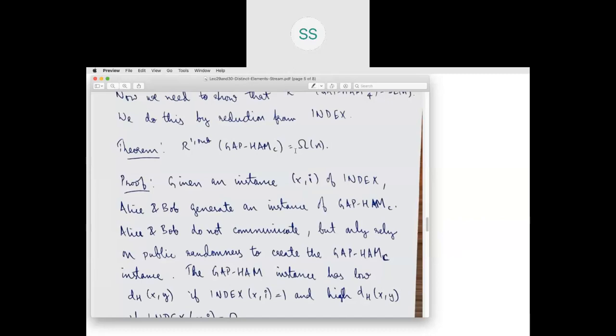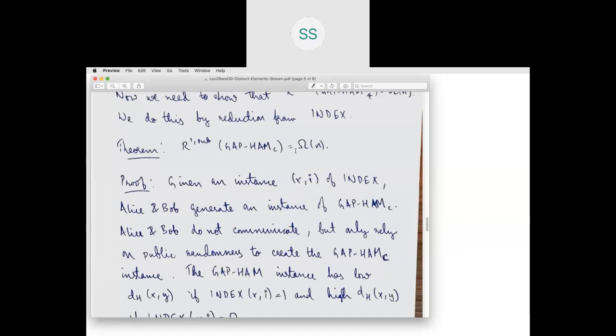For this we had a Hamming distance based argument, and we drew balls around the answer vectors and all that. So we showed that the randomized one-round complexity of index is at least linear.